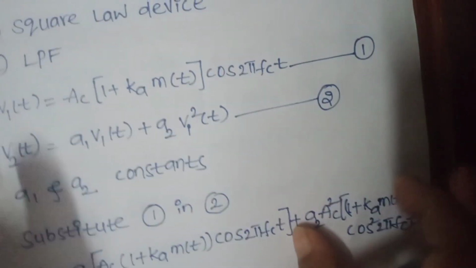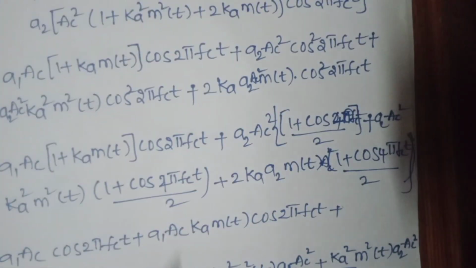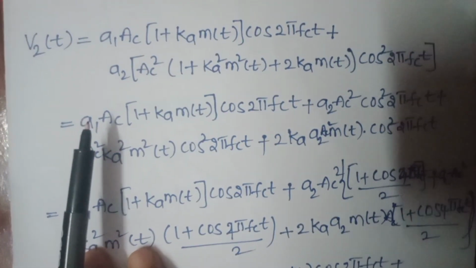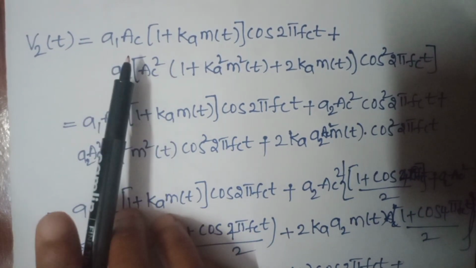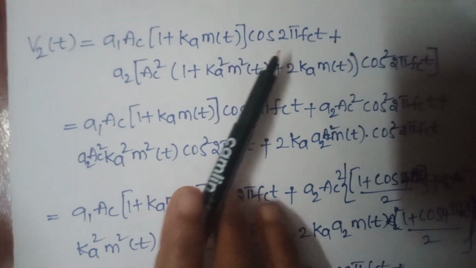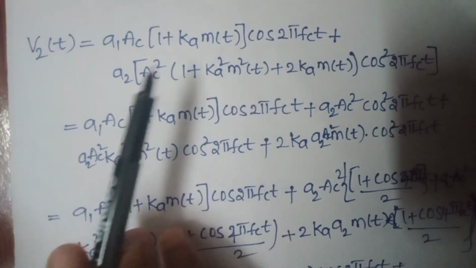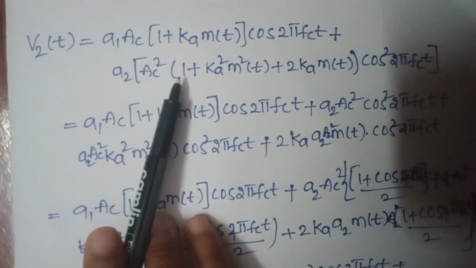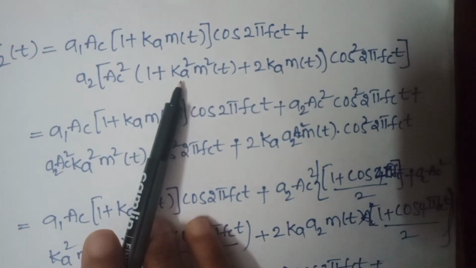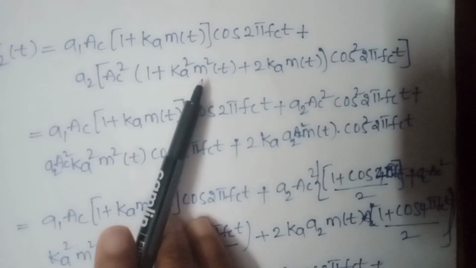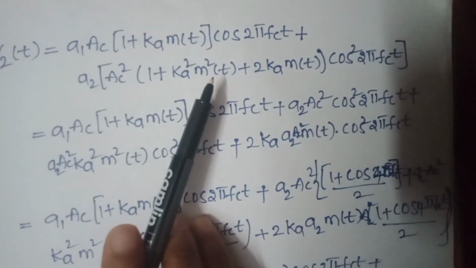Then the equation becomes V2 of t equal to A1 Ac 1 plus Ka m of t cos 2 pi fct, plus A2 Ac square, next 1 plus Ka m of t whole square into cos square 2 pi fct.